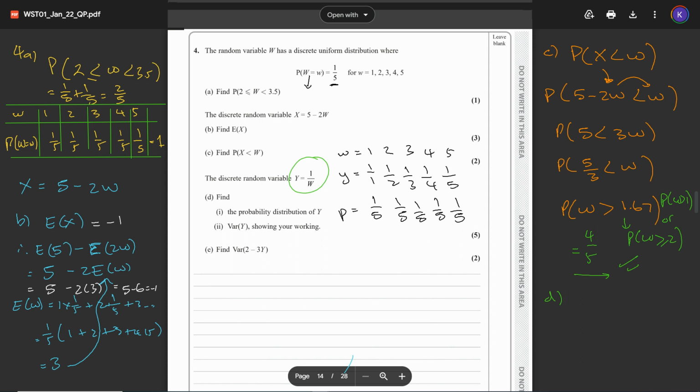So if we know that the probability of w is equal to 1 over 5, and w is equal to 1 over y, right? If we rearrange this, therefore the probability of 1 over y will also equal 1 over 5. All right?